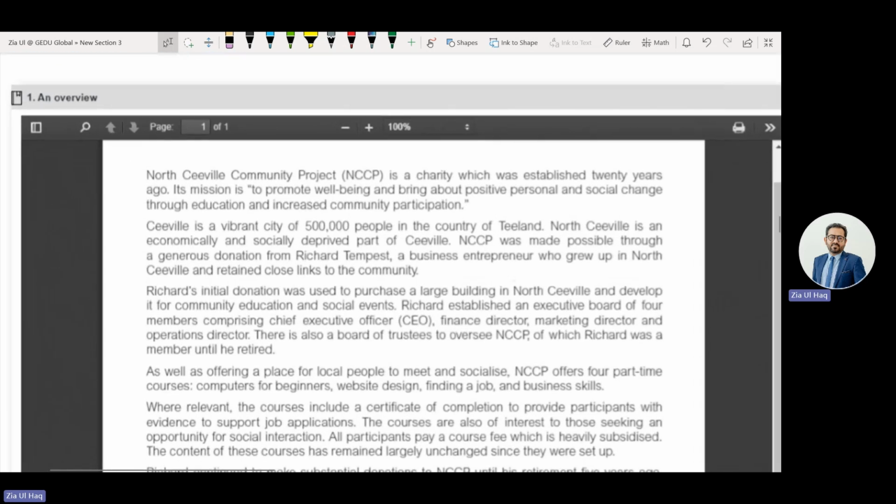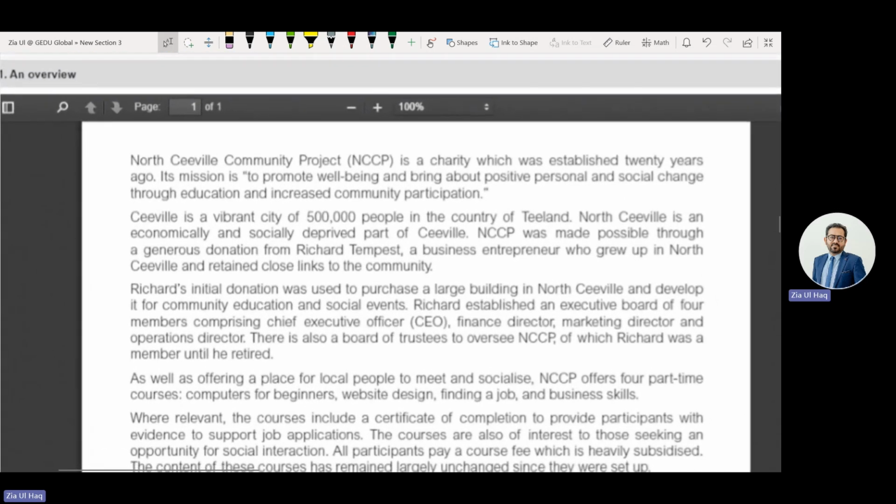So moving towards Exhibit 1, an overview of the company. North Valley Community Project, NCCP. This is the name of the company, NCCP.